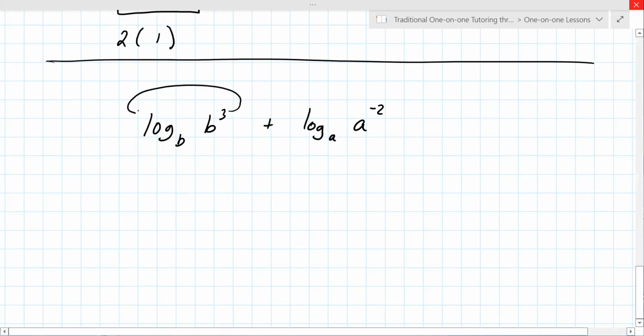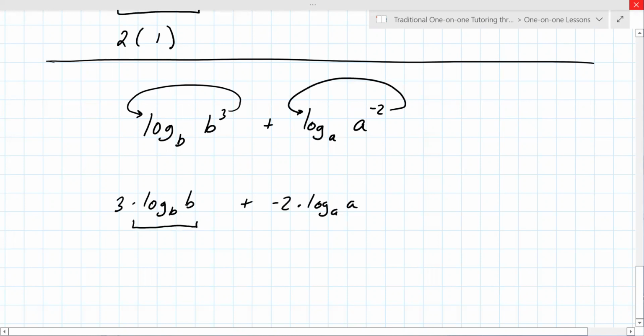Well, you bring the 3 down, right? So it's 3 times log base b of b plus, and then you bring the minus 2 down, minus 2 times log base a of a. What is log base b of b? Just 1. 3 times 1. And then what is log base a of a? 1. So it's 3 plus negative 2, which is 1.